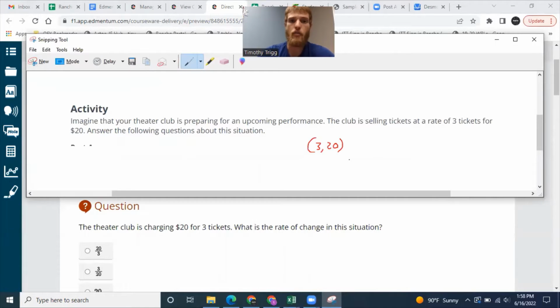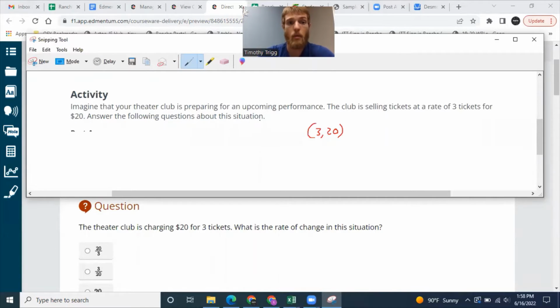Now, can we find the value of k given this point? Well, yes, we can, because remember, we could write it as y equals k times x. In this case, the value of y is 20, and the value of x is 3. So we could say 20 equals k times 3.